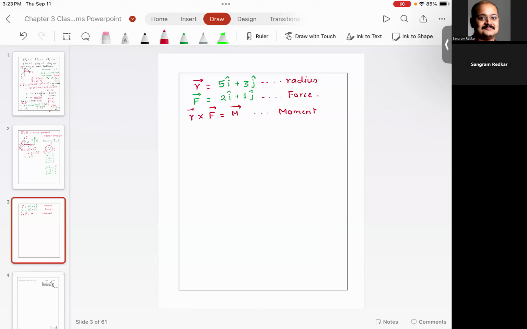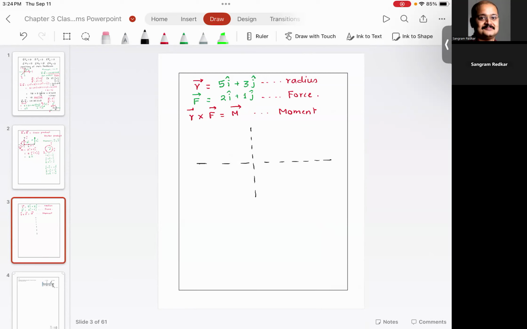Always remember, the moment vectorial representation is always going to be R cross F, never F cross R, because cross products are non-commutative. You cannot change the sequence. It always has to be the radius crossed with the force. I will explain this problem geometrically, and then I will explain the same problem using algebra or vector representation.